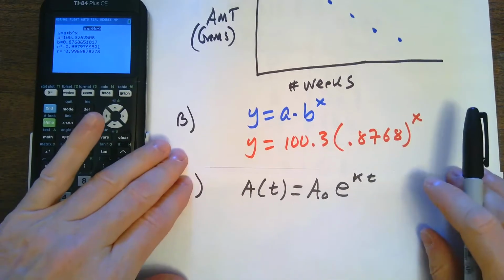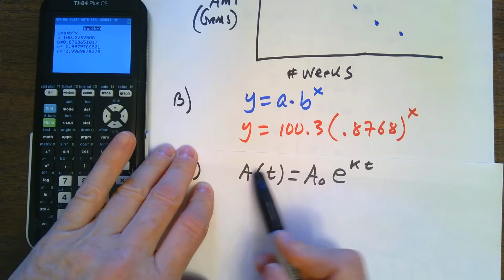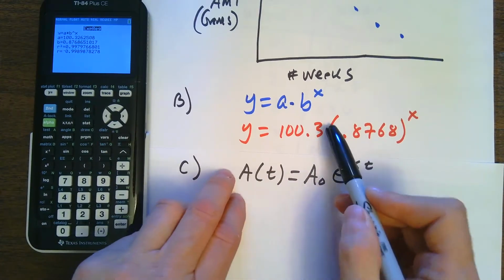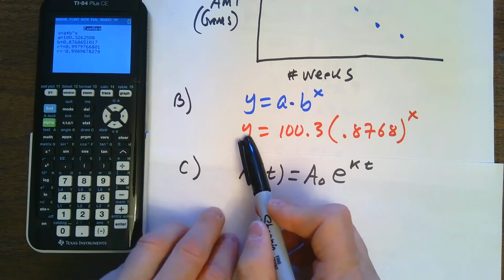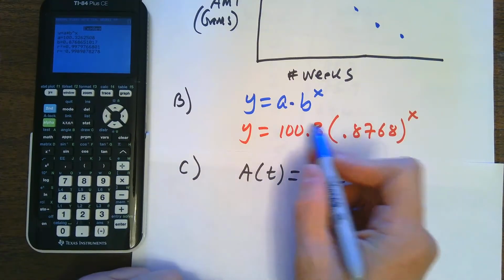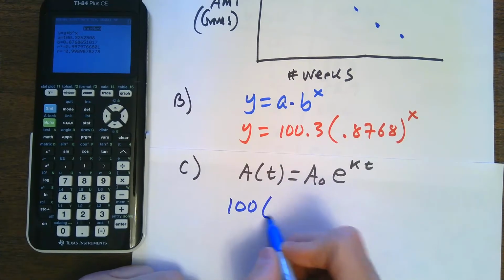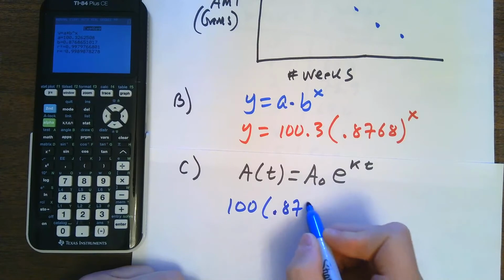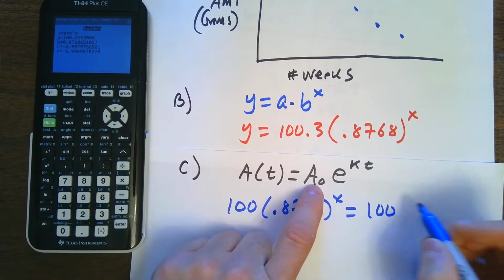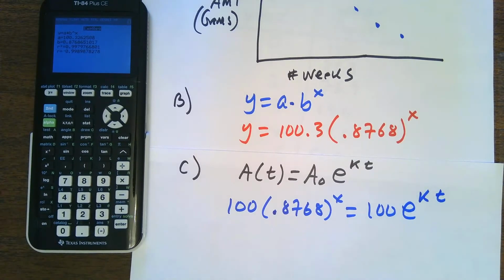All right, so I've got this, but I want to rewrite it like that. Well, this is equal to that. Amount as a function of time is y. So really this is my initial amount, 100 times 0.8768 to the x equals 100 times e to the kt.